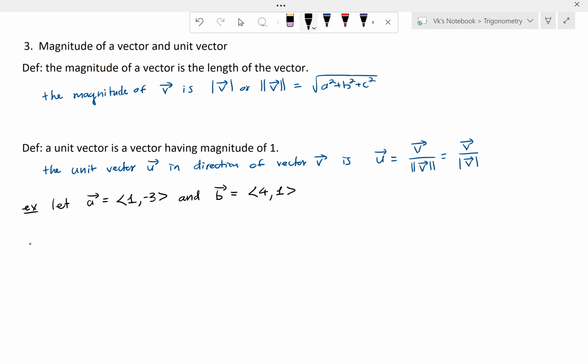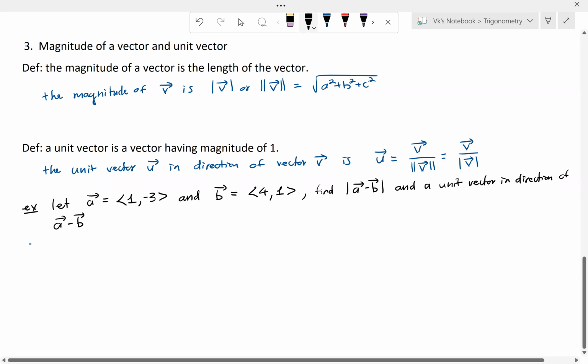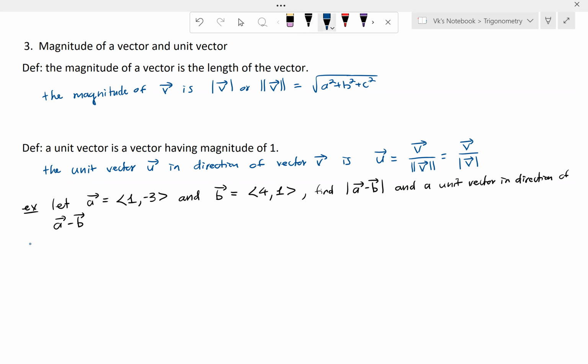Find the magnitude of A minus B and a unit vector in the direction of the vector A minus B. First, let's do the magnitude of A minus B, which is the magnitude of (1, -3) minus (4, 1).